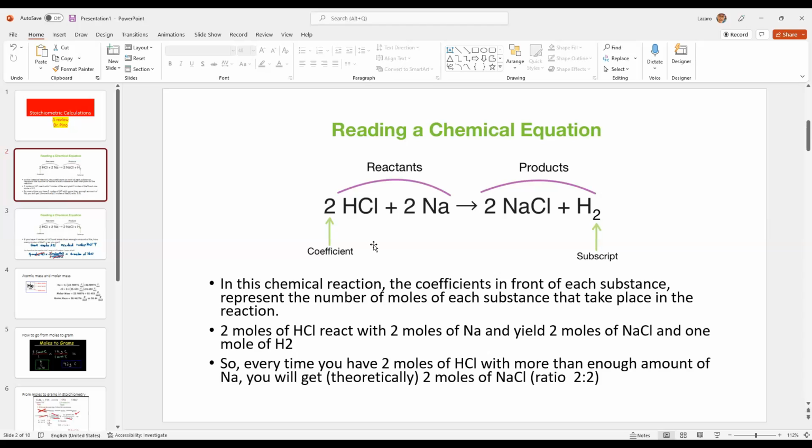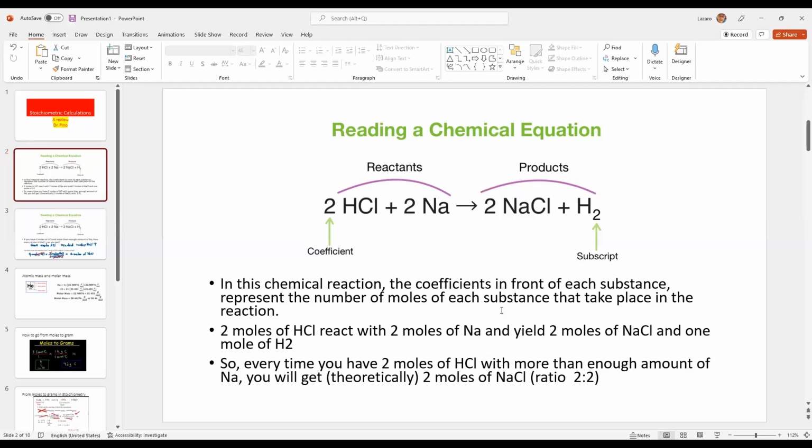For example, 2 moles of hydrochloric acid produce 2 moles of sodium chloride. Of course, this is theoretically. In real situations, sometimes you produce less substance than the one that you can calculate.